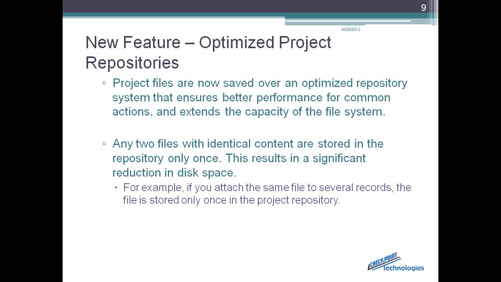So what happens now is if you save attachments, screenshots, Excel spreadsheets, whatever, inside of Quality Center, every time you save that document, that item, that screenshot, it gets saved over and over. Even if the document or the screenshot is exactly the same, even if you've run that automated test 5 times today and it's exactly the same screenshots or information, Quality Center currently is going to store it 5 different times.